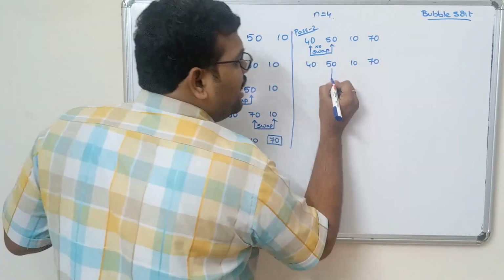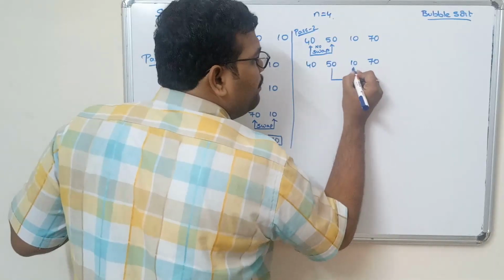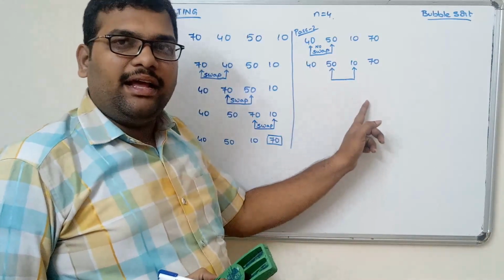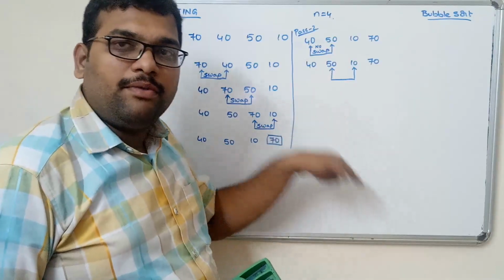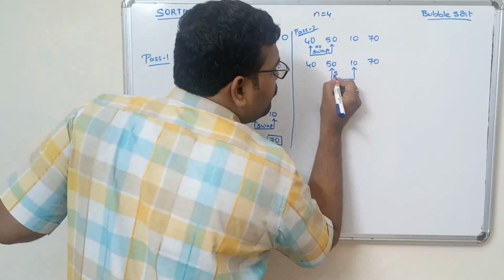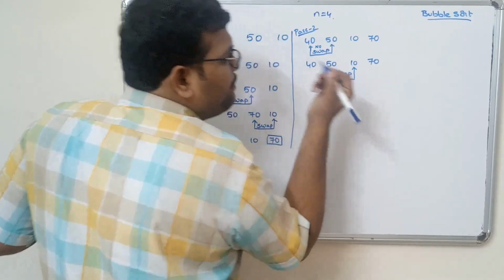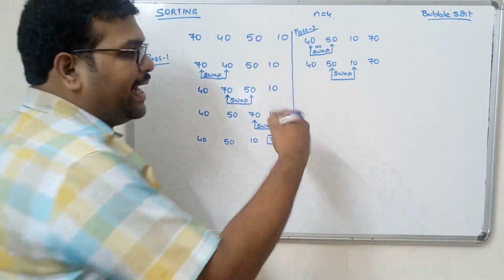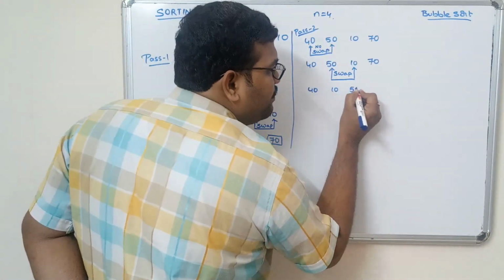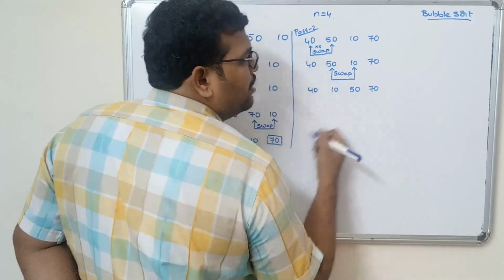Again, the second element and the third element will be compared. 50 is greater than 10, so we have to perform the swap. That means we have to interchange the elements. The resultant will be 40, 10, 50 and 70.